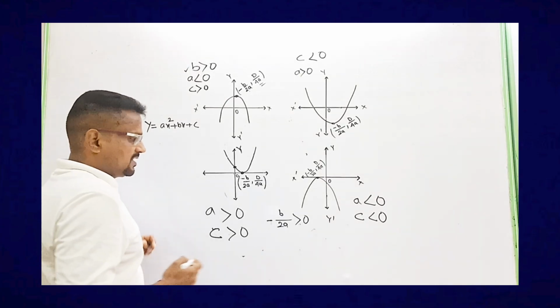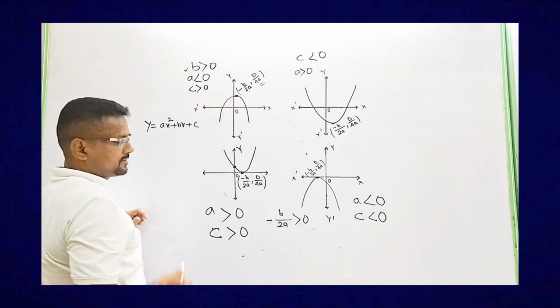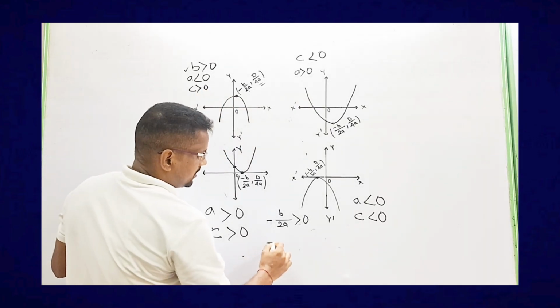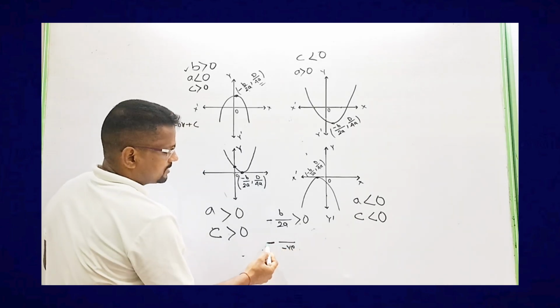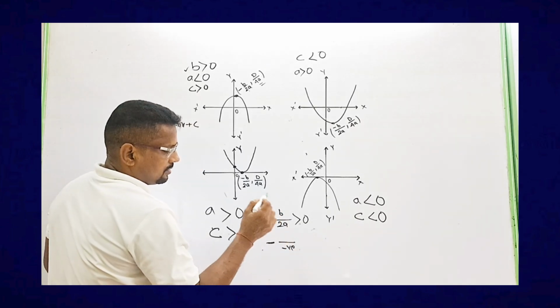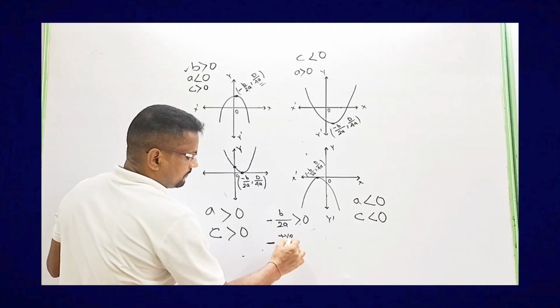Now you see, just simple reasoning. Already you have decided a is what? Less than 0. Then here it is a minus sign, and the denominator is negative. Then minus minus becomes positive. Then you are confirmed that b must be a positive number.